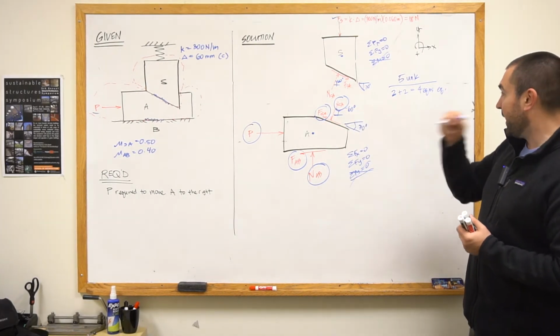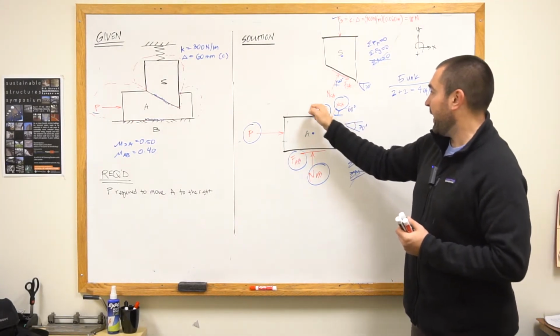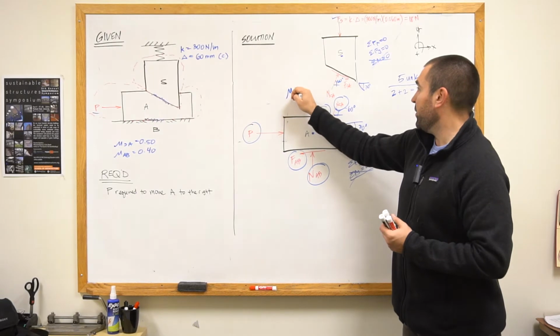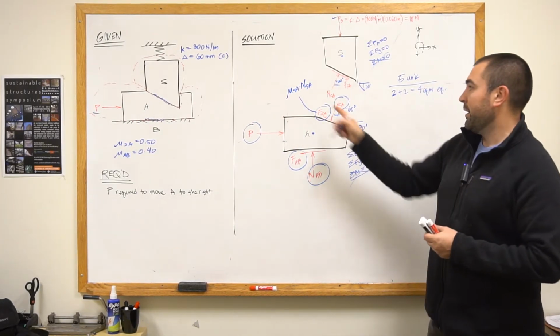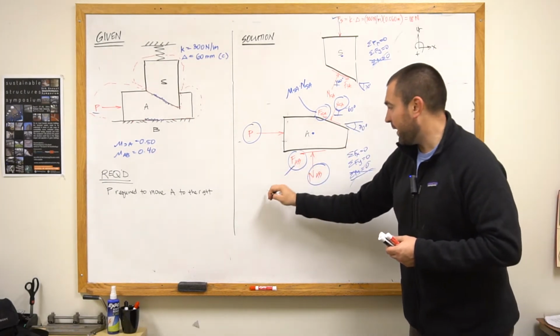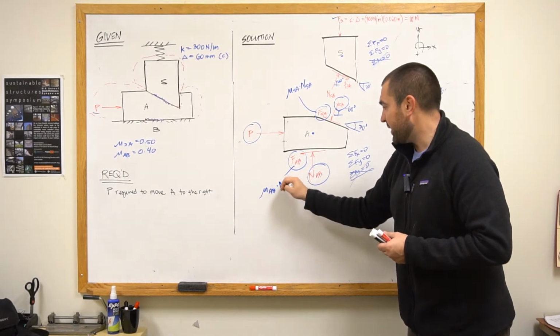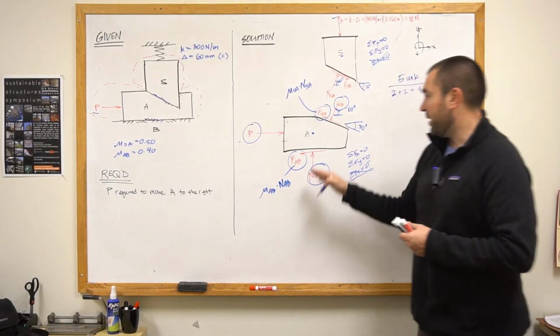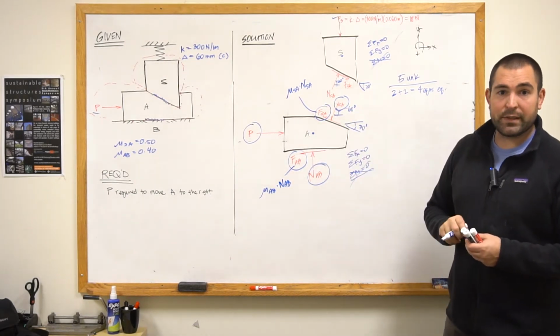So in this case, I'm going to be able to set FSA equal to mu SA times the normal force on that same interface, because this is going to be right on the verge of slipping. At the same time, FAB I can rewrite as mu AB times NAB, because if this is slipping or right on the verge of it, so does this interface need to be.